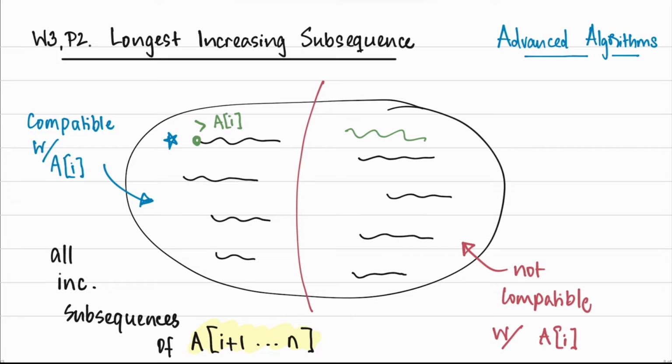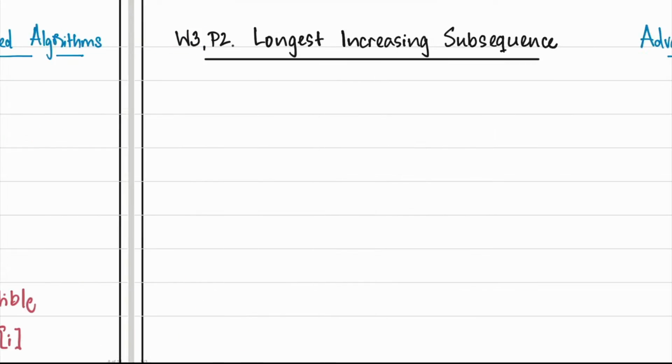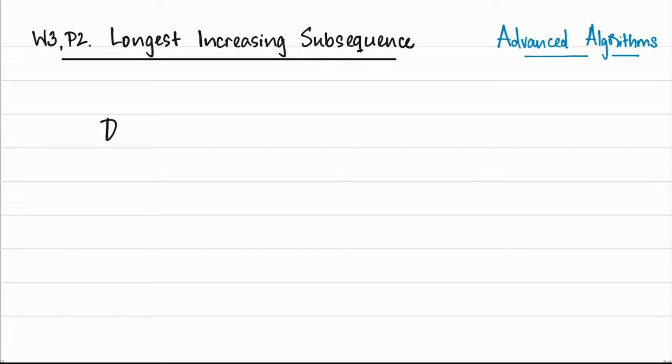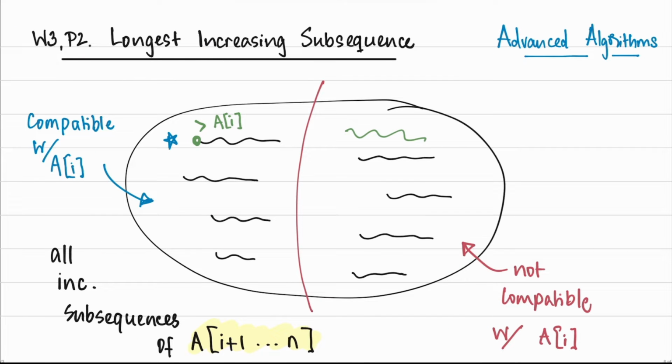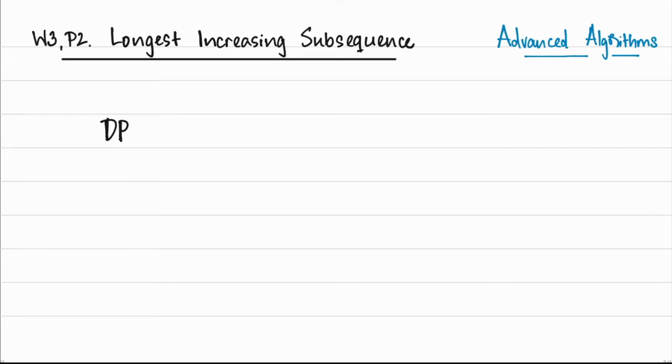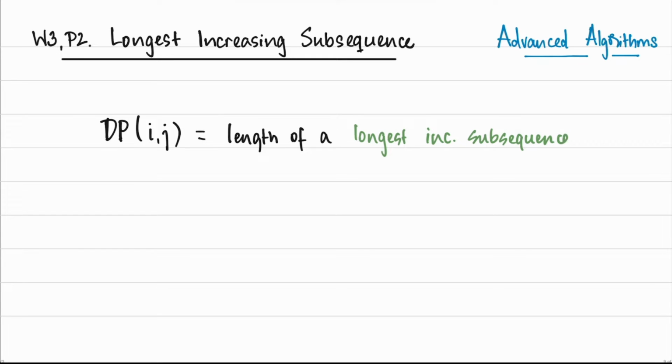And how should we capture this in the DP? Well, let me propose an extended DP table which brings in this extra information about where these subsequences start. Okay, so dp of i comma j now. So this is going to store the length of a longest increasing subsequence in the subarray that begins at j and ends at n.